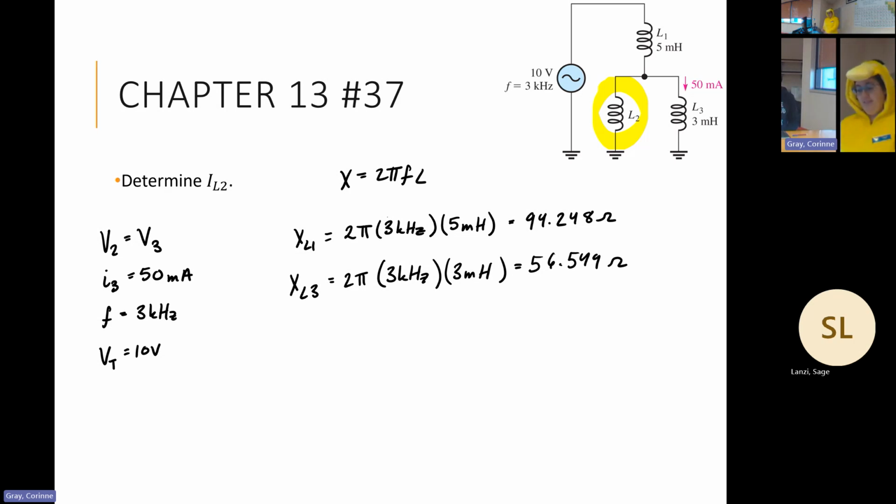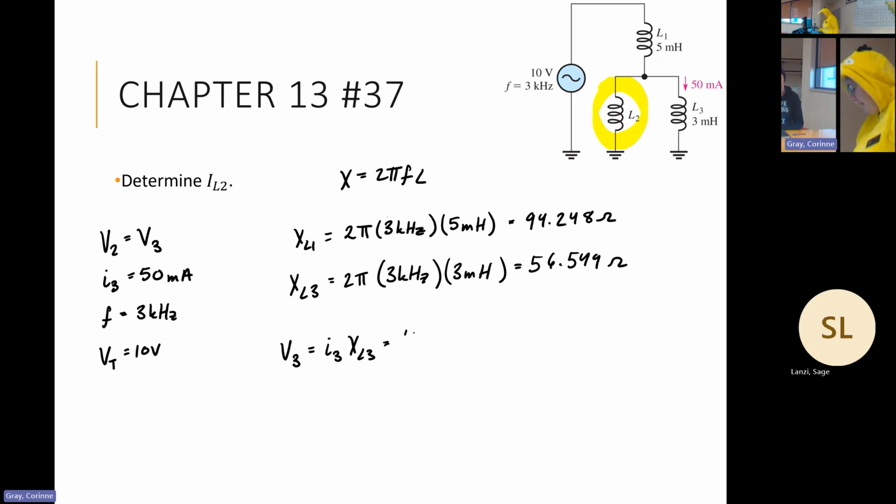It would be the current times the reactance, so I3 times XL3. In this case, do I want to convert my milliamps? Yes, I don't have anything to cancel it out with, and I want my value here in volts.